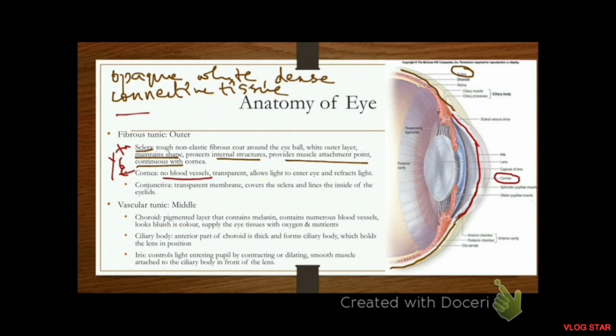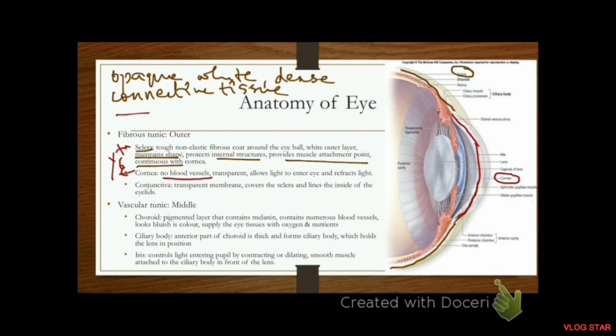Now because the cornea does not have blood vessels, cornea transplant becomes very easy. In fact it was the first ever transplant done by humans.